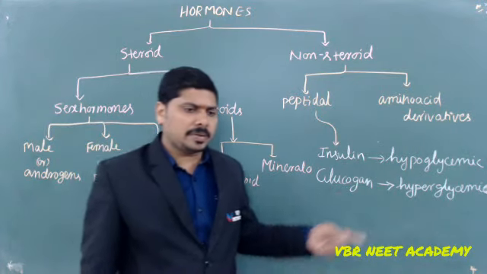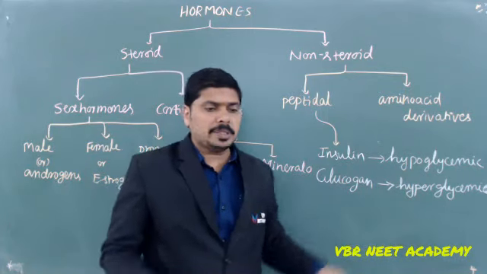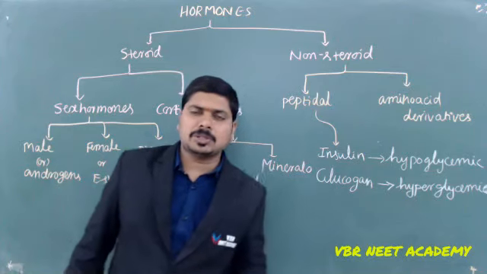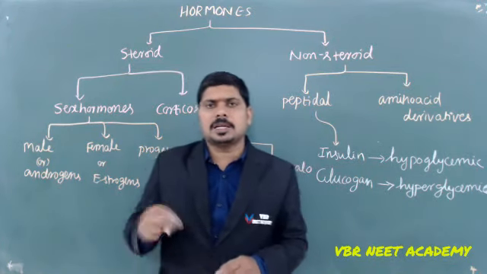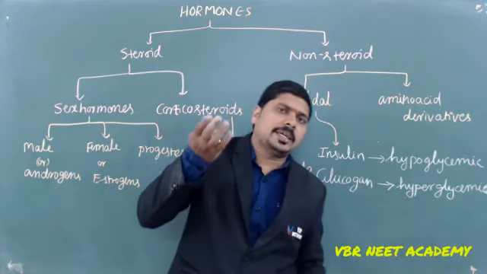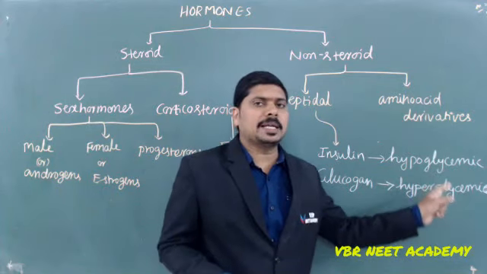Hyper means increasing, hypo means decreasing. The glucose in blood is called glycemia. If it is hypo, it is lesser. Hyper, it is higher. That is why you have a hypoglycemic effect and a hyperglycemic effect.